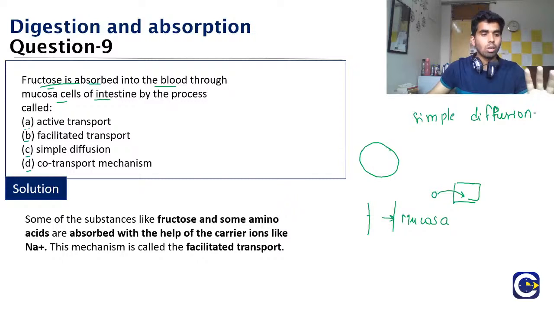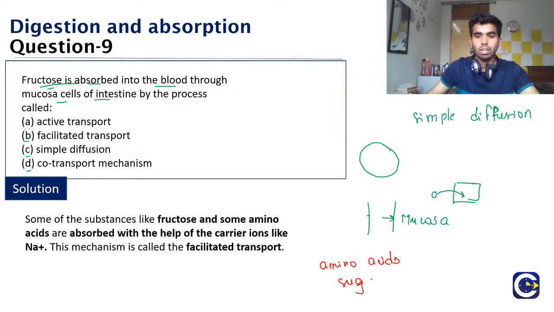Most of the glucose and small amino acids, most of the amino acids and the sugars, are absorbed by means of active transport.